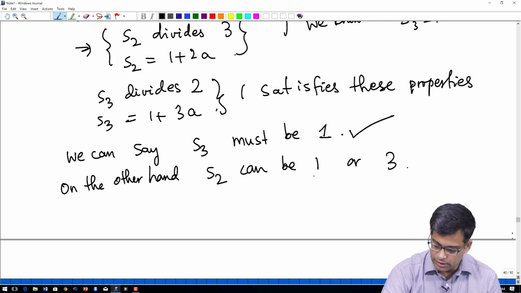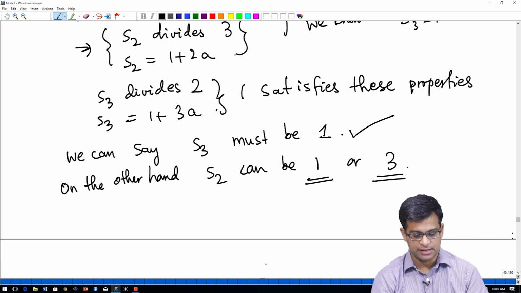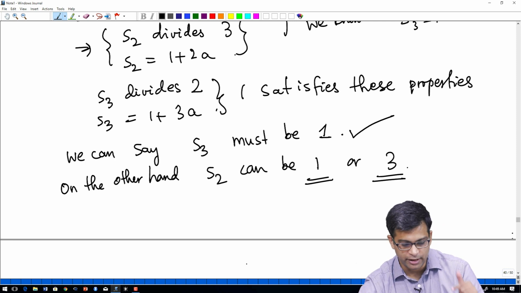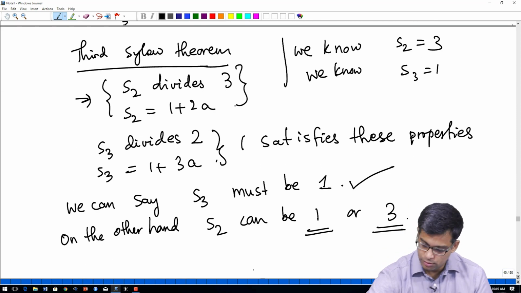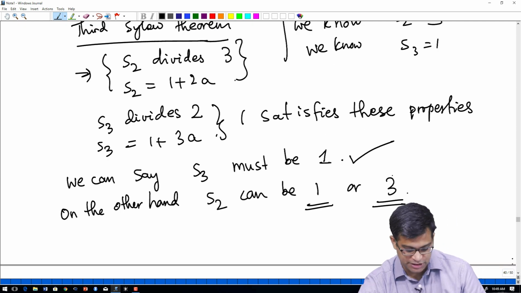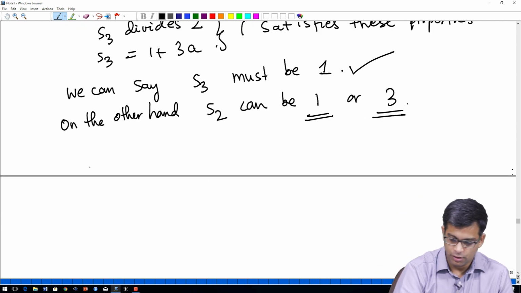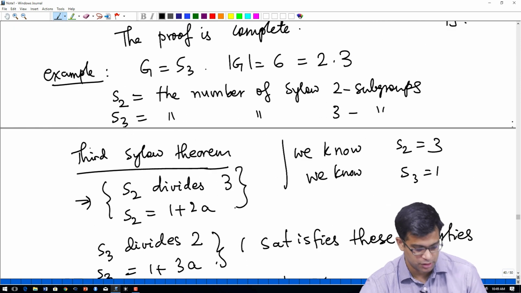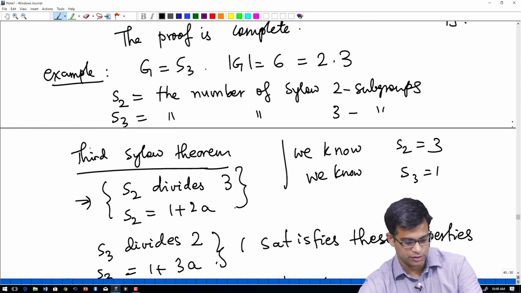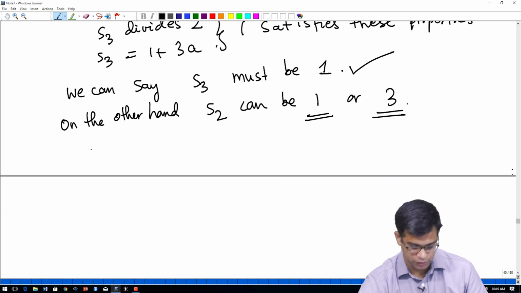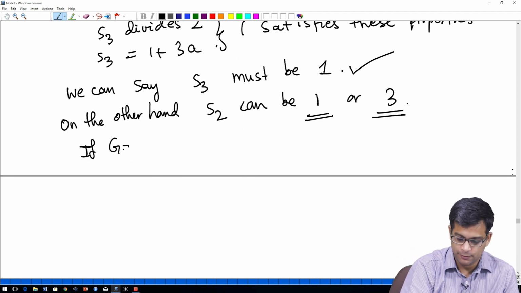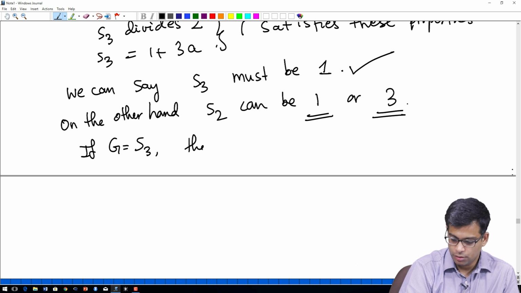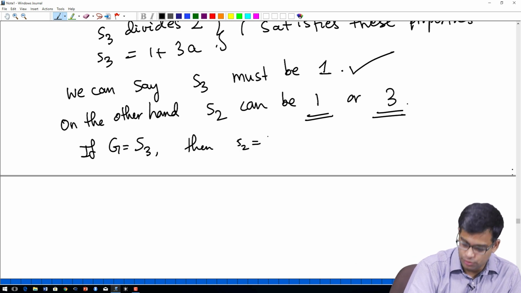So, the Sylow theorem only says that S2 can be either 1 or 3, and in the example of the symmetric group, the option 3 is achieved. Of course, my notation is confusing here because of the group and also S3. So, I hope you do not get too confused about this. So, if the group is S3, then S2 is 3.